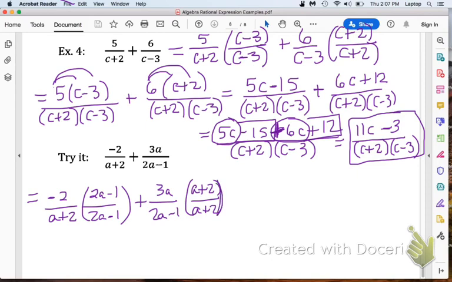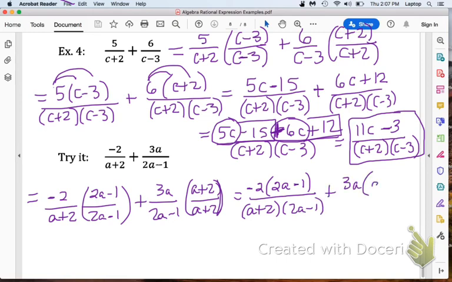I meant for this to be one big parenthesis. Okay, that would simplify to negative 2 times (2a minus 1) plus 3a(a plus 2), all over (a plus 2)(2a minus 1).